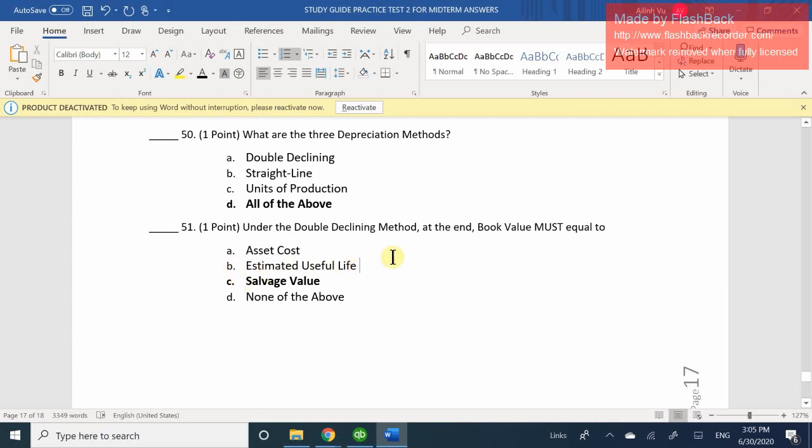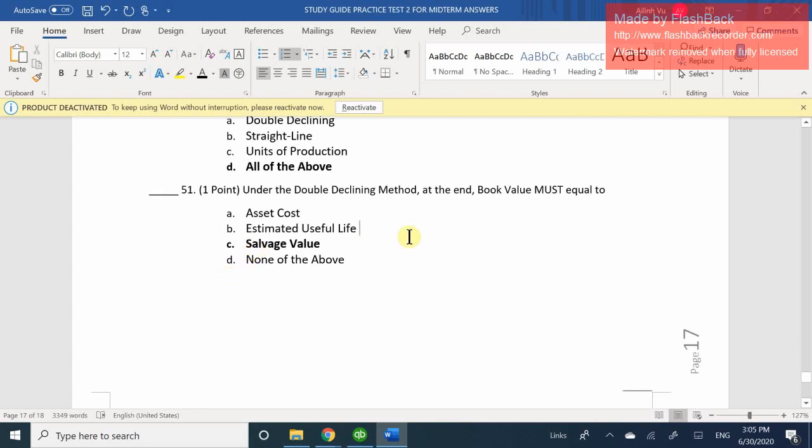This is in terms of years. And then salvage value, right? Under double declining, the end, you cannot go past salvage value. That's why if you do, you have to go back and fix it, right? So C is the correct answer. None of the above is obviously not an answer because there is an answer.